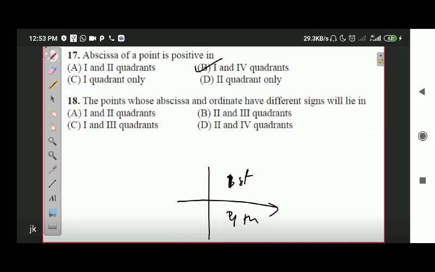Those are the fourth quadrant, where the sign is positive, negative, and the second quadrant, where the sign is negative, positive. Okay, so signs are different. Second and fourth quadrant.